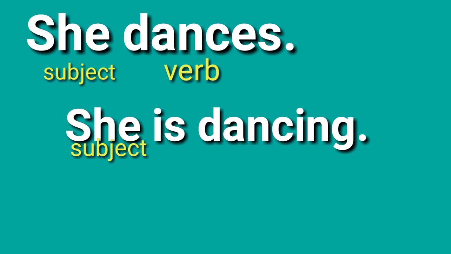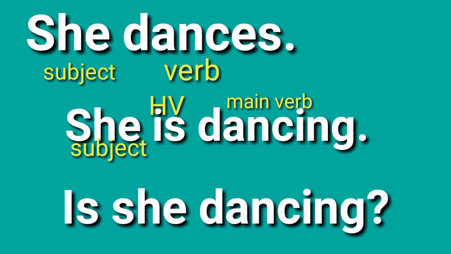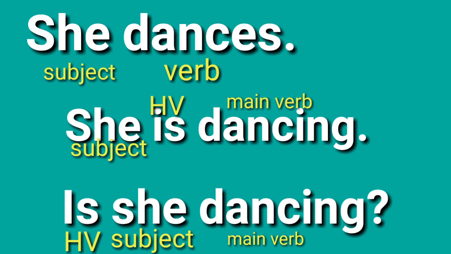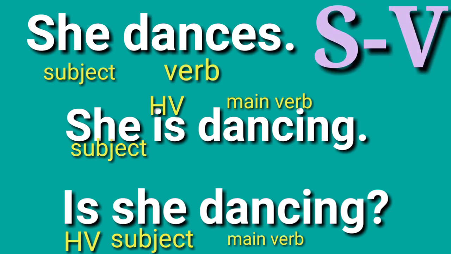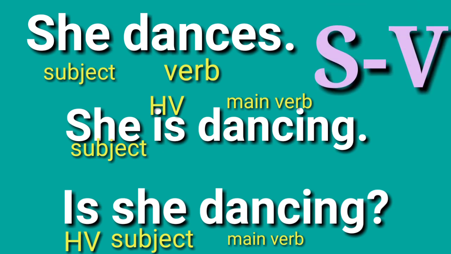Is dancing is our verb with the helping verb is. Is she dancing? Our subject here, she, comes between our verb phrase is dancing. And all these sentences are in the SV pattern. Subject, verb, sentence pattern.